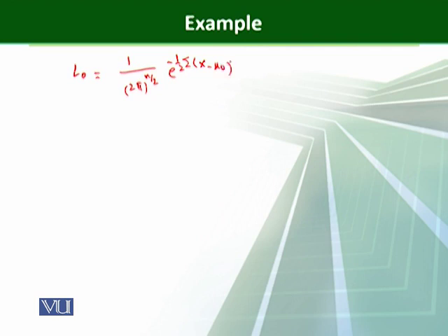sum of x minus mu naught square. And similarly the likelihood function on the basis of the alternative hypothesis, which I represent as L1, is 1 over 2 pi raised to power n over 2 into e raised to power minus 1 by 2 sum of x minus mu 1 whole square.